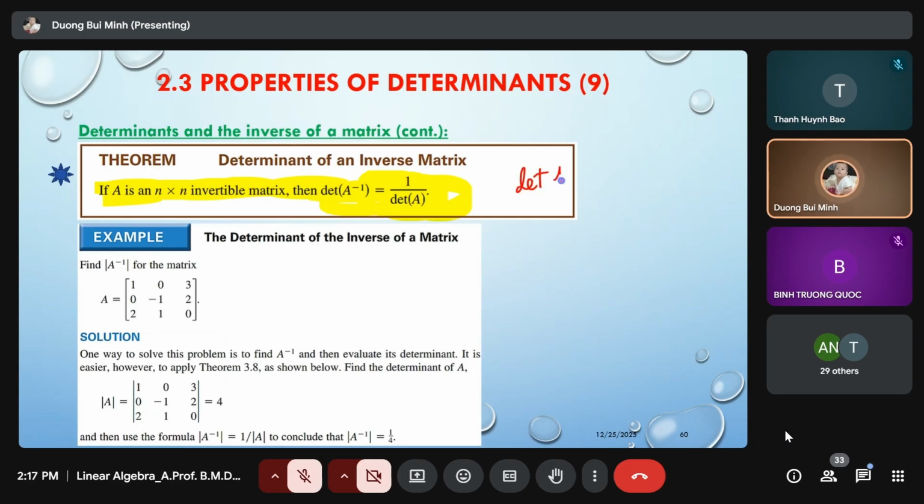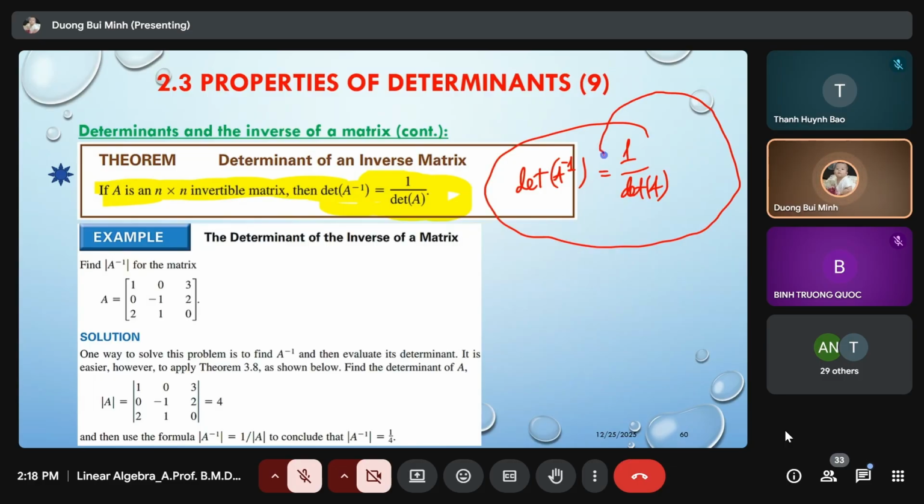Because we can calculate the determinant of the inverse of A very quickly by calculating the reciprocal of the determinant of A. Please remember this very carefully, because in the final exam I give you A and ask you to calculate the determinant of the inverse of A. Many students calculate the inverse of A first, which takes a long time, because we need to modify [A | I] to become [I | A inverse].